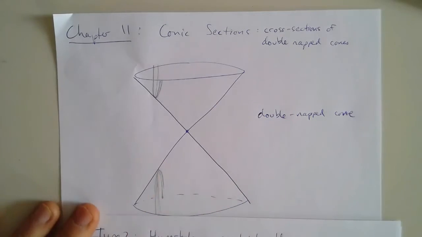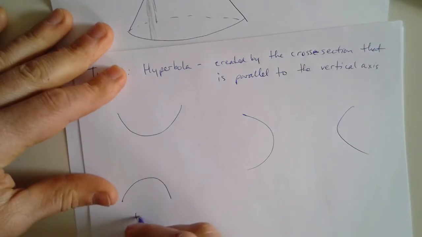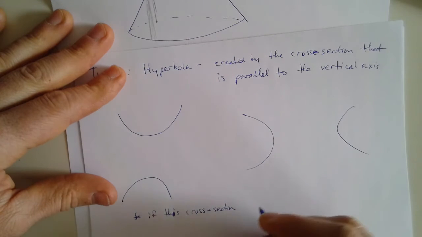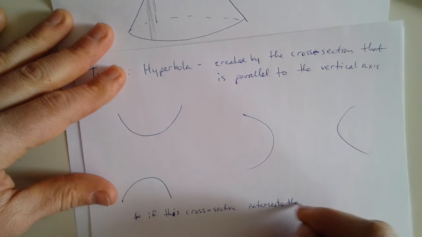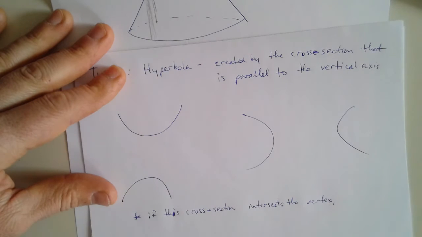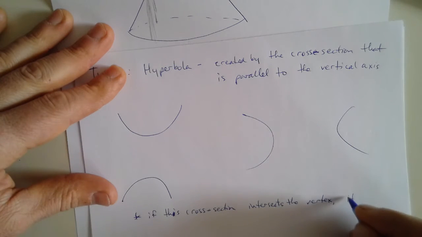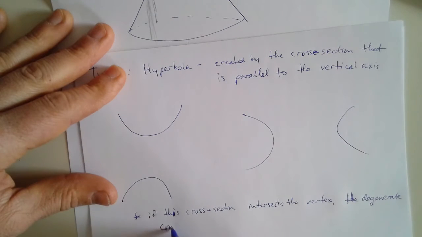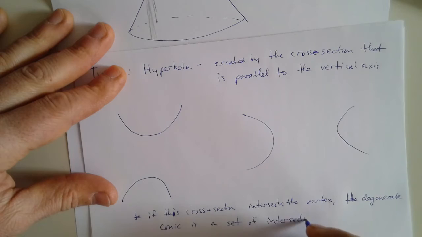So let's write down: if the cross section intersects the vertex, we get the degenerate conic, and this is a set of intersecting lines. And that would look something like this.